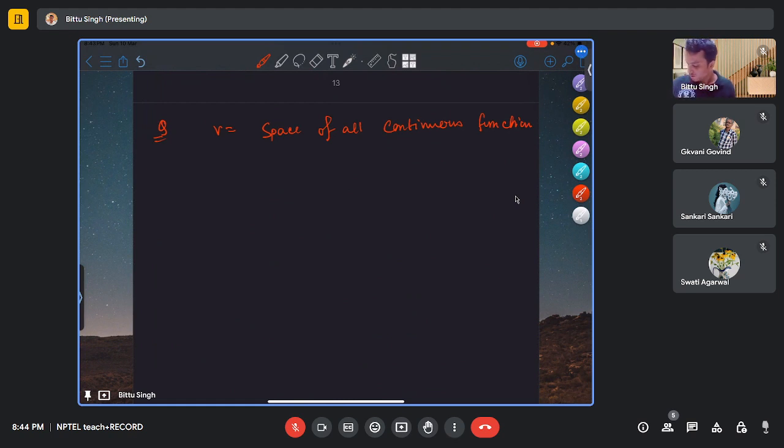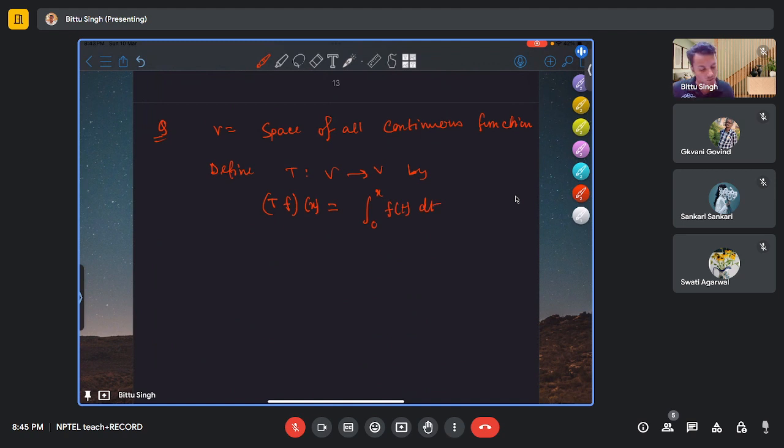Now define T from V to V by T of f. This will be a continuous function, defined by integrating f(t) dt from 0 to x.